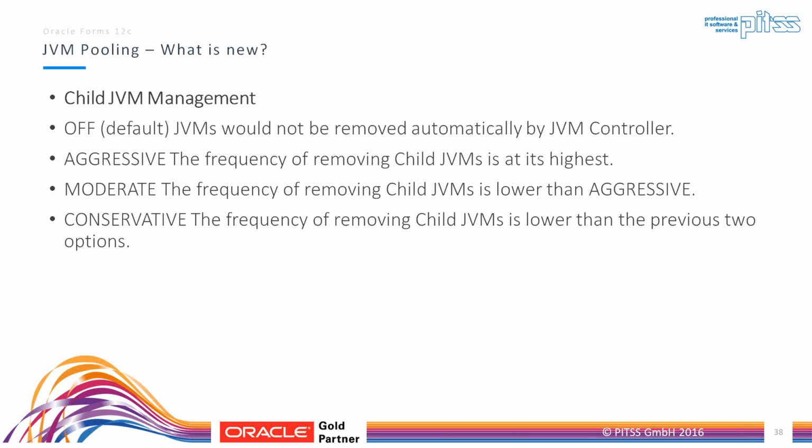So the frequency of removing child JVMs is at its highest. Then you have a moderate mode and the very conservative mode, which is lower than the previous, so it has the lowest frequency to terminate the child JVMs.